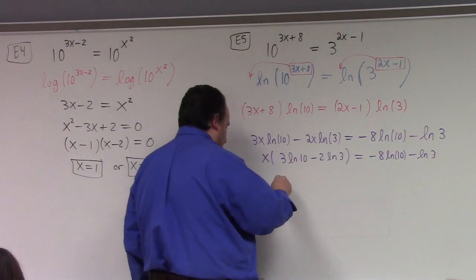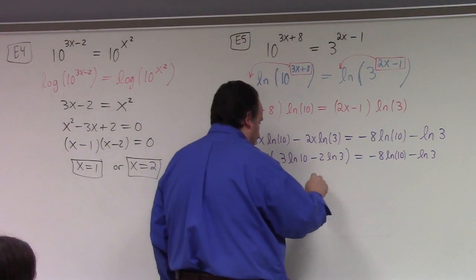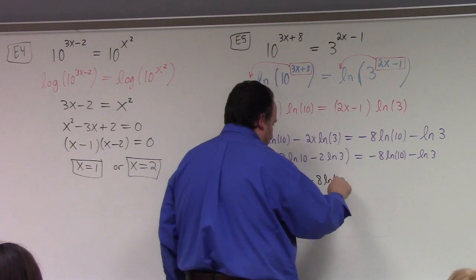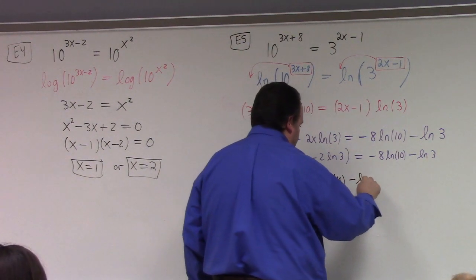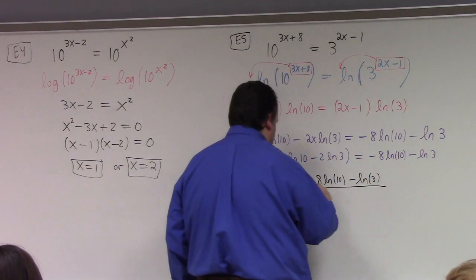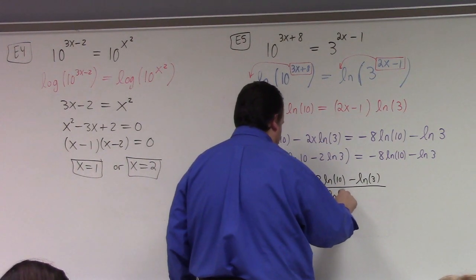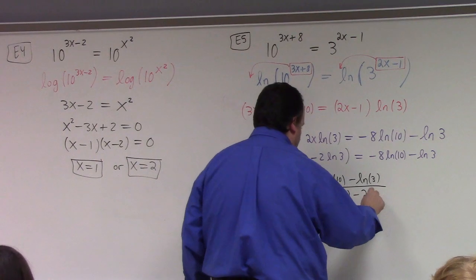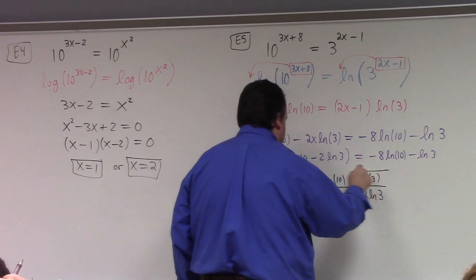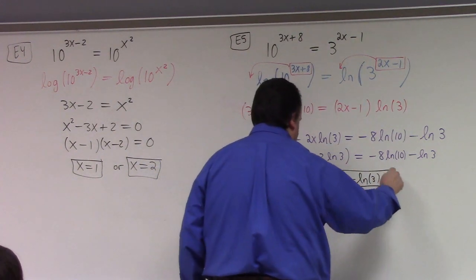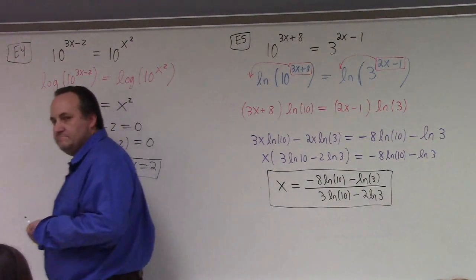So here it is. x is equal to minus 8 times the natural log of 10 minus the natural log of 3, divided by 3 log 10 minus 2 log 3. And there you have it. I mean, it's ugly, but there it is.